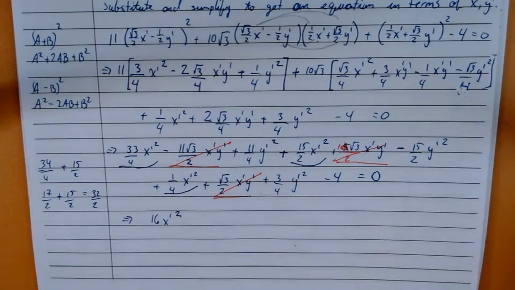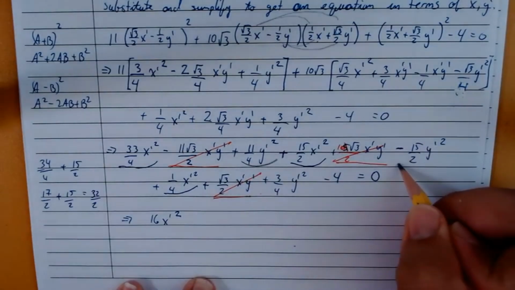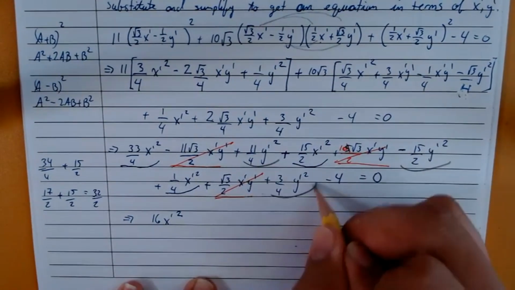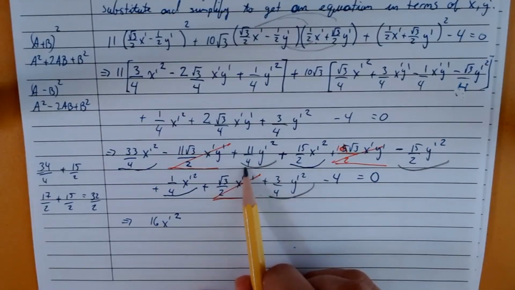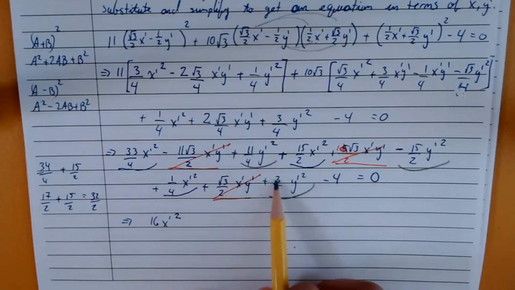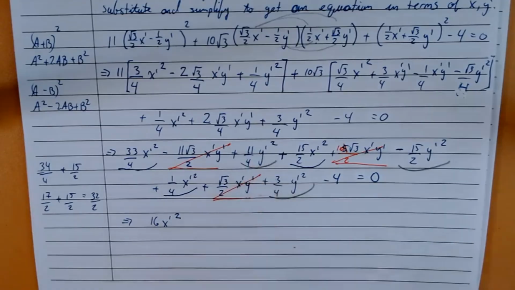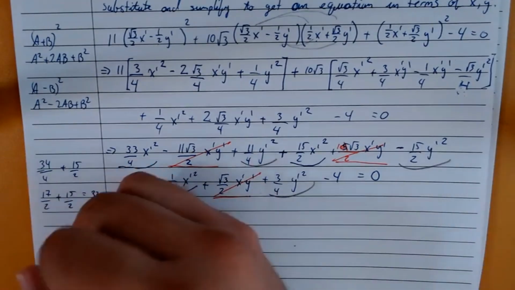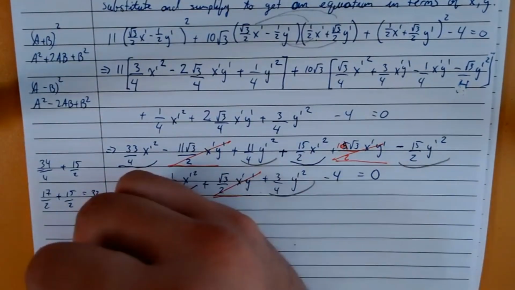And then these combine over here, that one, and that one. Oh, let's see here. I have 11 fourths plus 3 fourths. Okay, so 11 plus 3, that's going to be 14 fourths. Now I'm subtracting 15 halves.